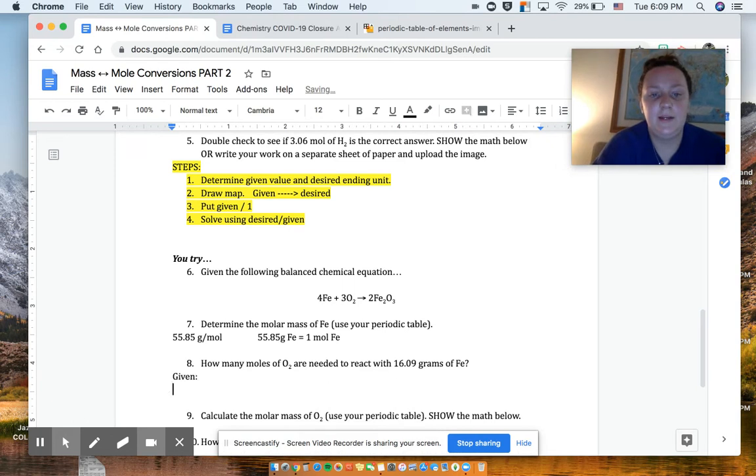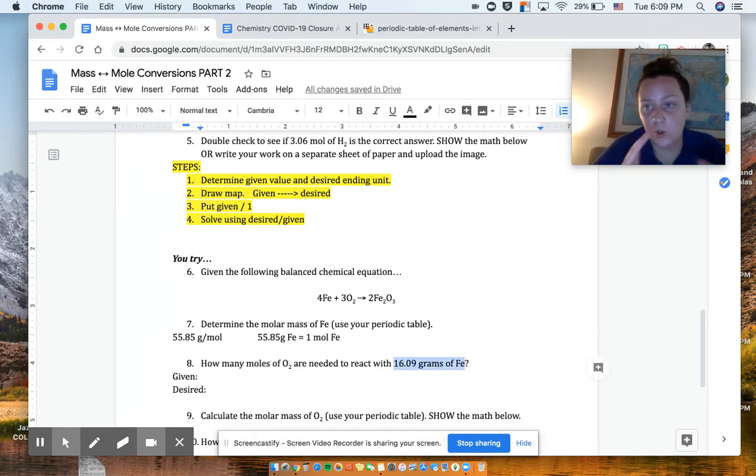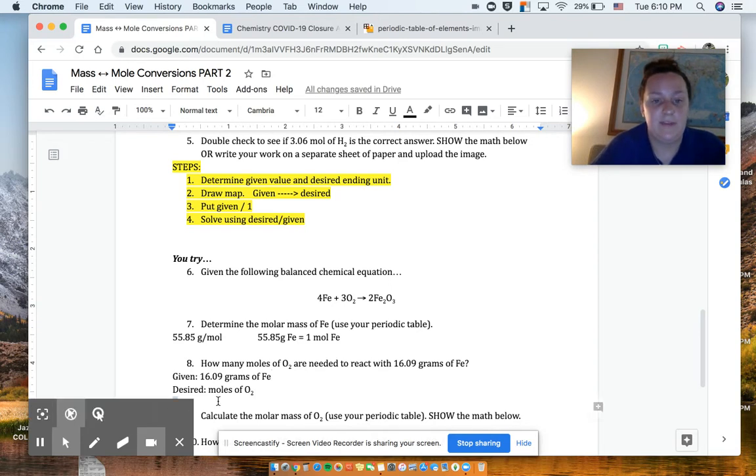My given here, in number 8, is this quantity, 16.09 grams of Fe. So that's going to go in my given. And what I'm trying to figure out is moles of O2. How many moles of O2 are needed to react with 16.09 grams of Fe?